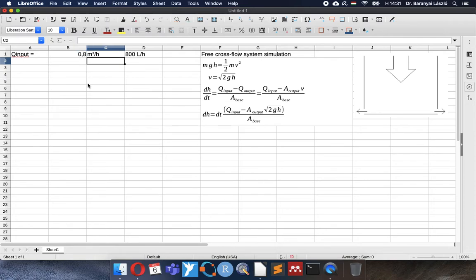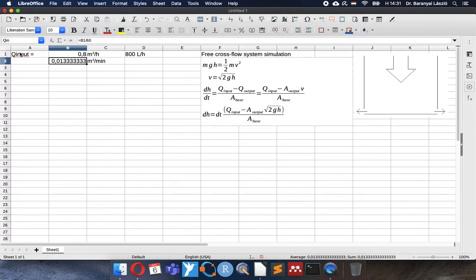But I would like to do my simulation in minutes, and in minutes I have to change this value. If I have 0.8 cubic meter per hour, only 60 parts will be in 1 minute, since 60 minutes will make 1 hour. I will already give a name to it.